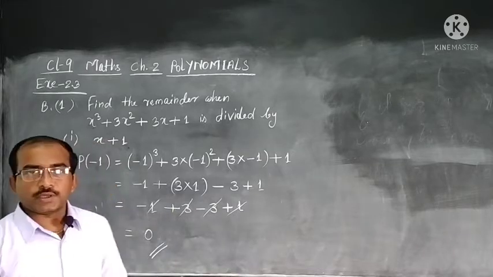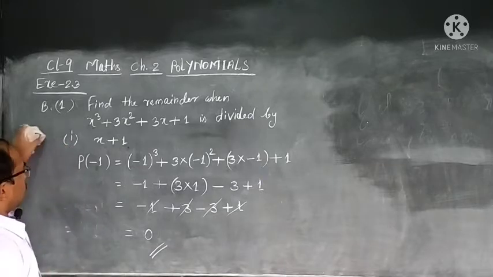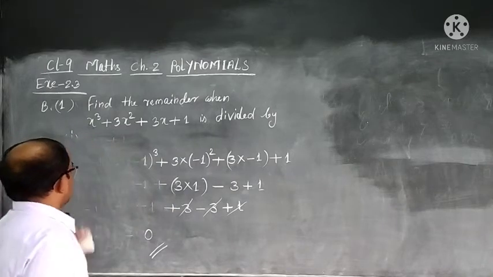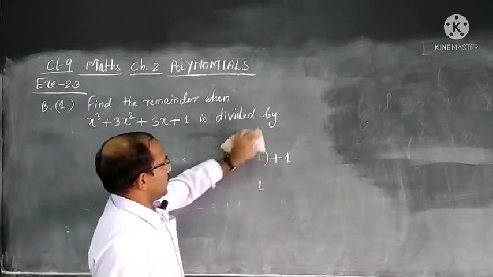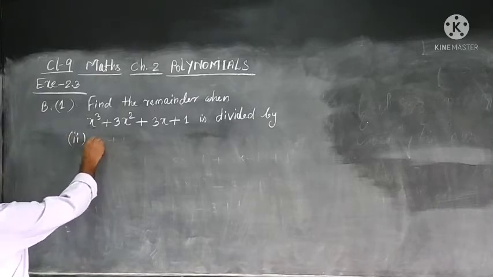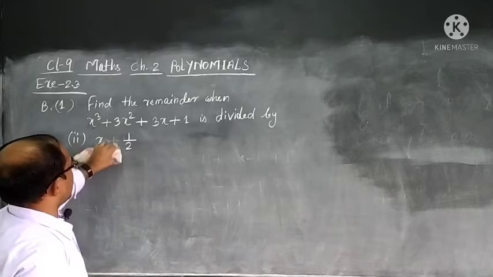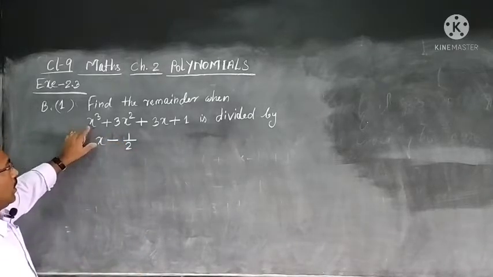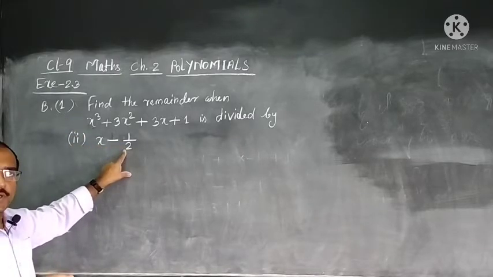Let us continue with the second divisor, that is x minus 1 by 2. For x plus 1, we had used minus 1 as the zero. Here, in place of x minus 1 by 2, we have to take the opposite sign, plus 1 by 2.